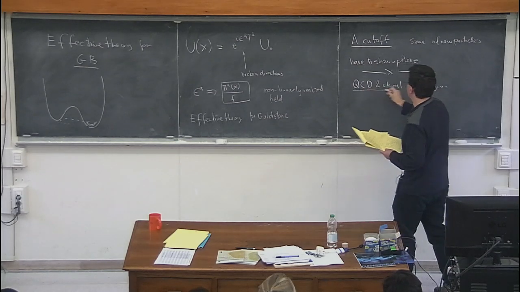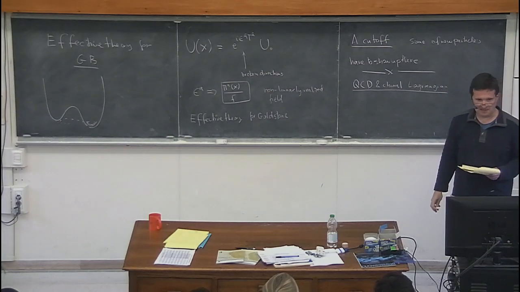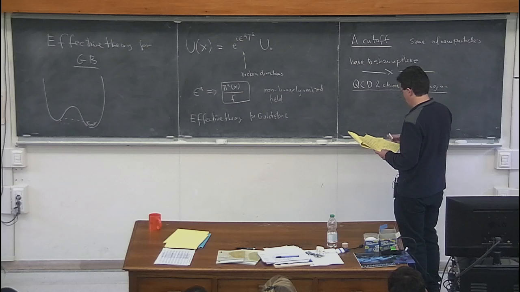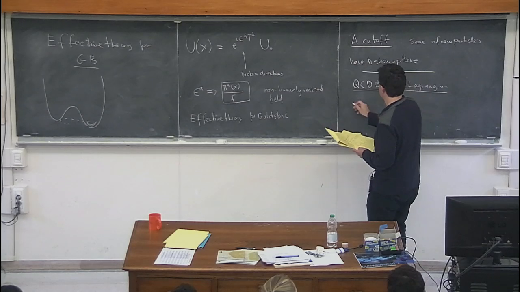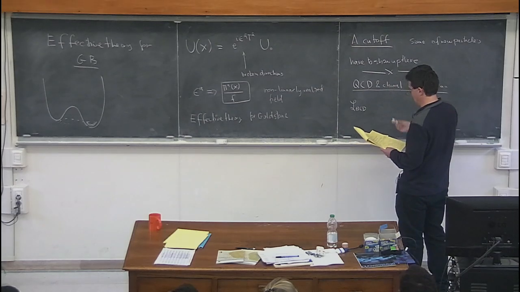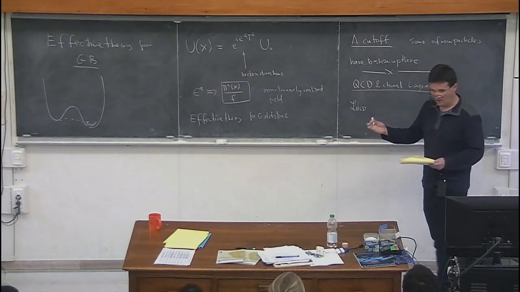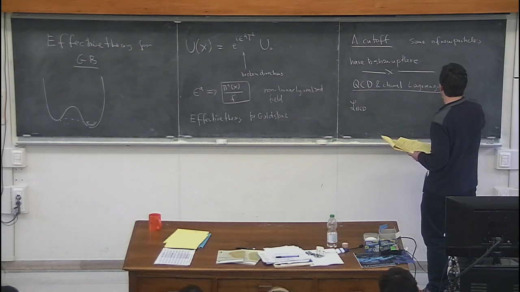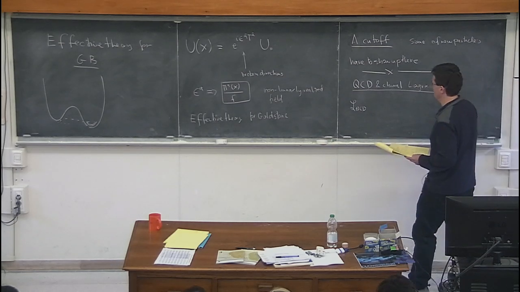So this is an example that hopefully is somewhat familiar to everybody. And of course I will not talk about the origin of QCD. So there you have the QCD Lagrangian. It's an SU(3) gauge theory. And for now, we are just going to take it with 3 flavors. So we are just going to take up, down, and strange, the light flavors.